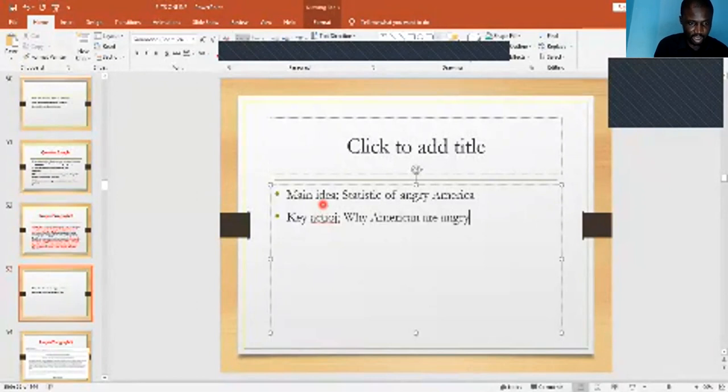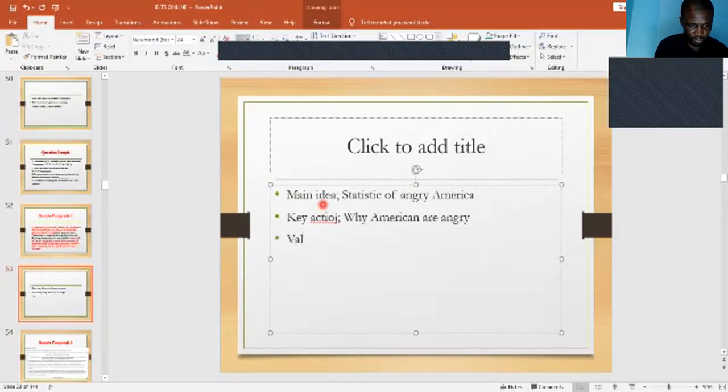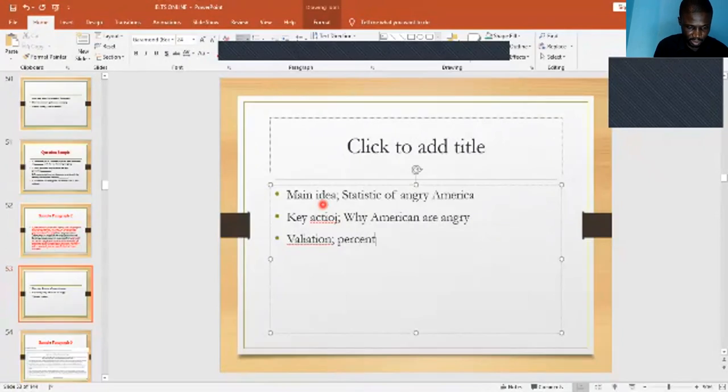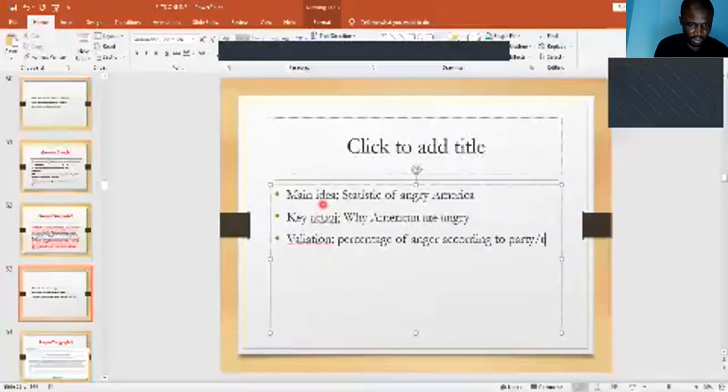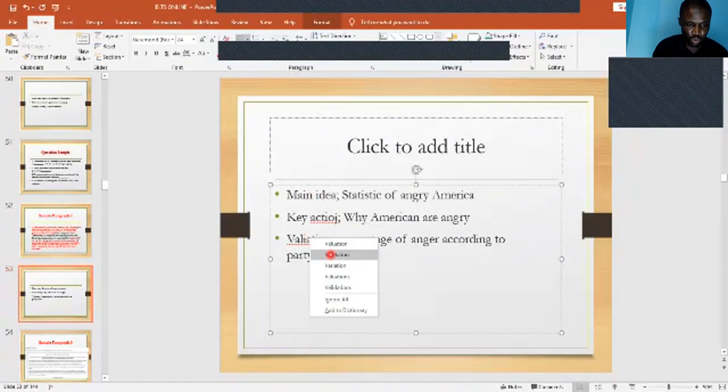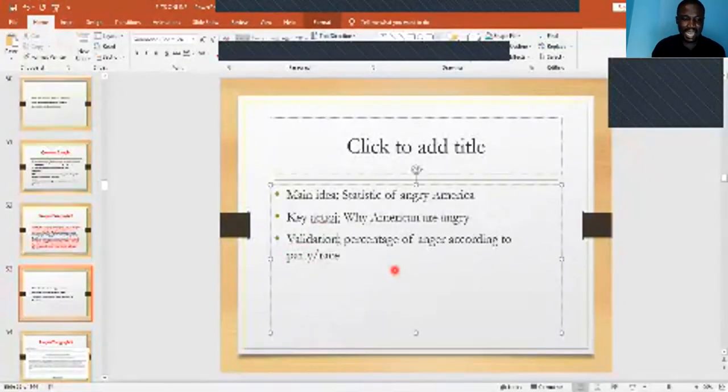Then validation or example: it's about the percentage of anger according to party or race. So you need to quickly summarize validation. Those are the key things that happen inside that paragraph.